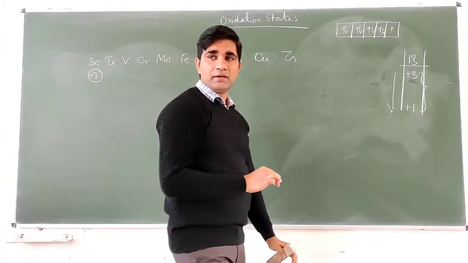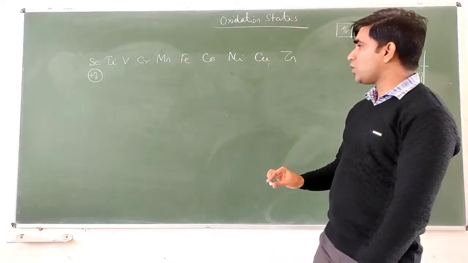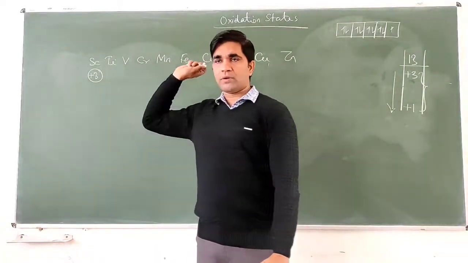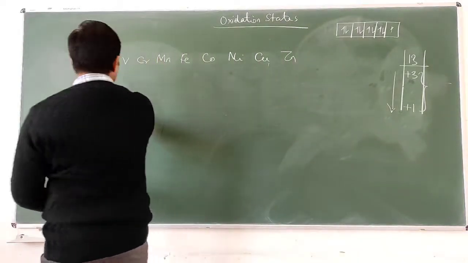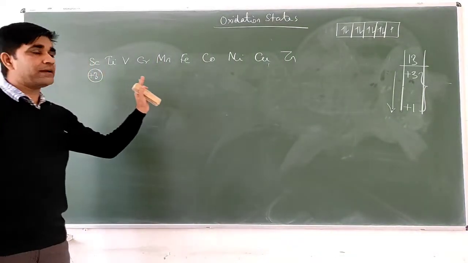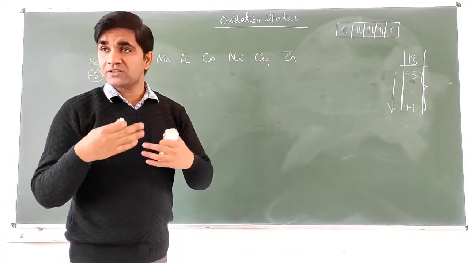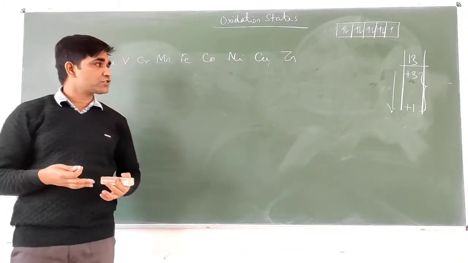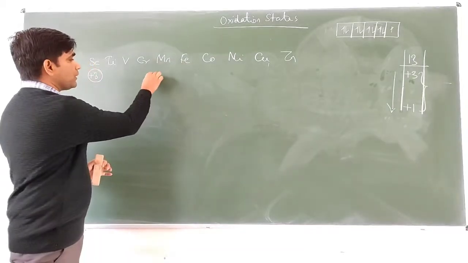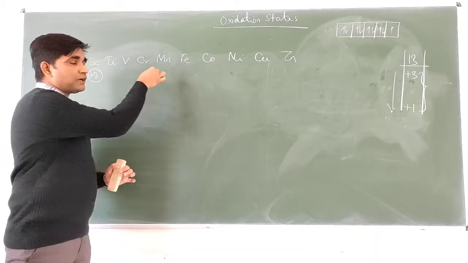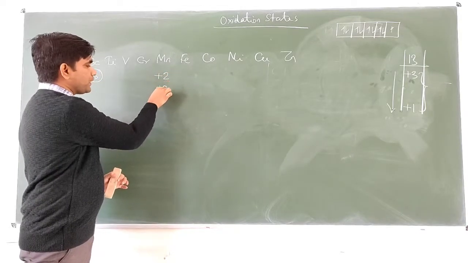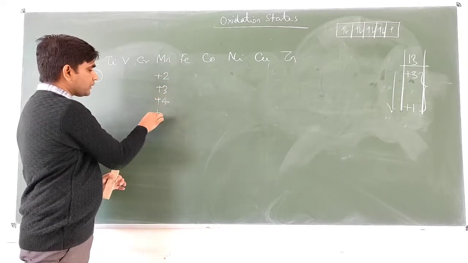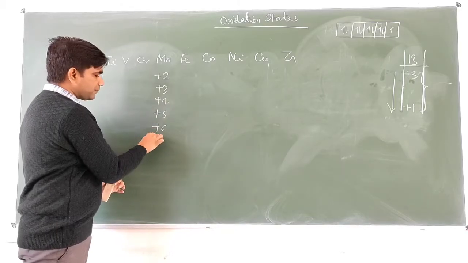This is the only element in the transition series which cannot exhibit variable oxidation number, means more than one kind of oxidation state. But other than this, all the transition elements can exhibit various oxidation states. The maximum oxidation number is exhibited by manganese, which is +2, +3, +4, +5, +6 and +7.